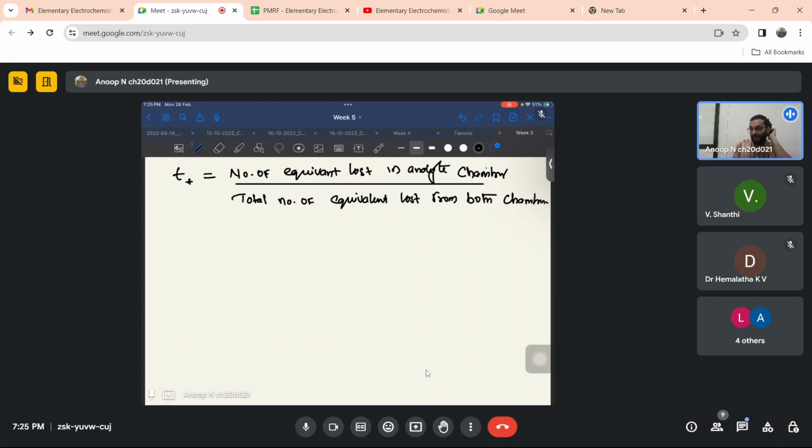So you have to find out equivalents of silver lost as well as total equivalents lost. From that you can find out the transport number of Ag plus.